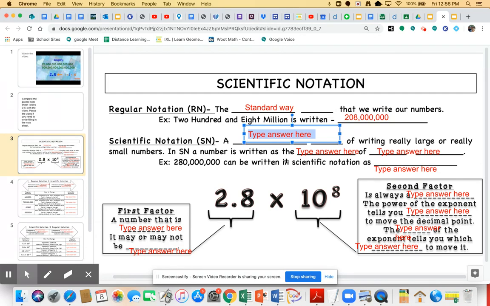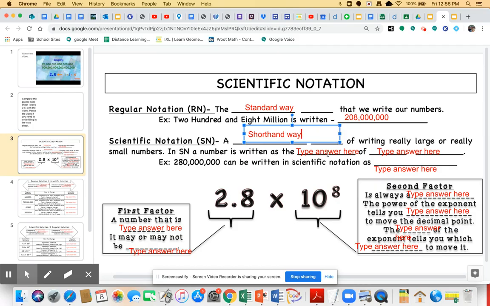Now, when we talk about scientific notation, and I know you learned this in elementary school, so a lot of this can be review. Scientific notation is a shorthand way, kind of a shortcut, that we write really large or really small numbers. In scientific notation, you'll see sometimes it's represented as SN.